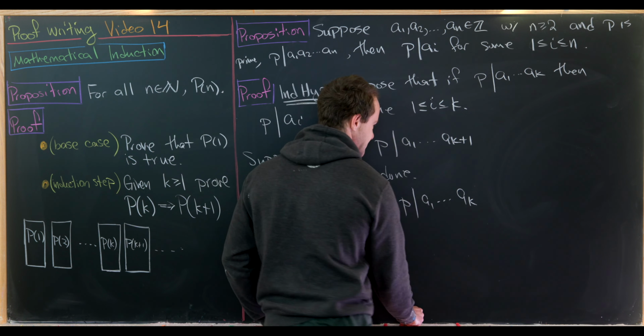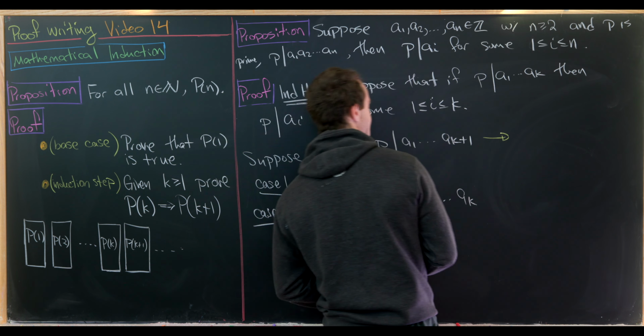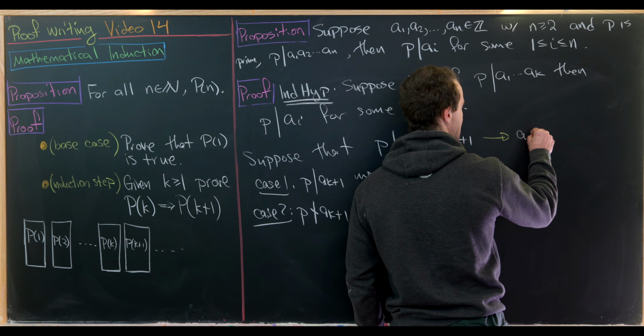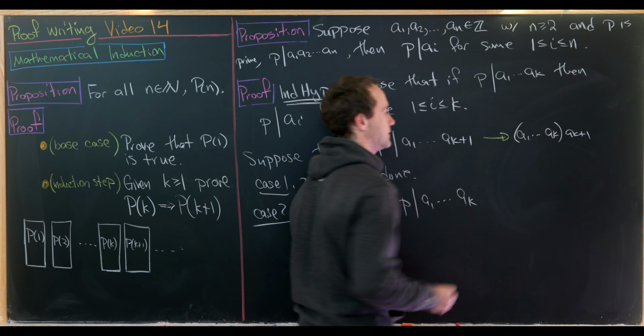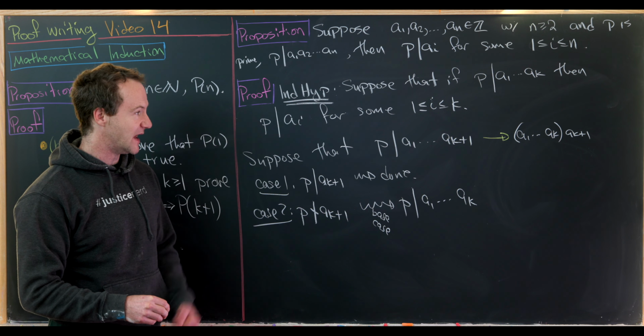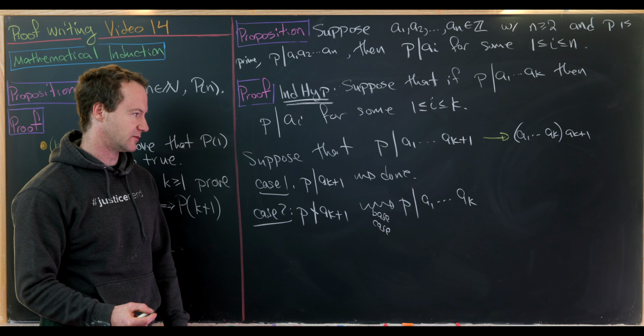Here we're thinking about splitting this product A1 up to AK plus 1 as A1 up to AK and then AK plus 1. Great. So we can really apply the base case to that larger problem.